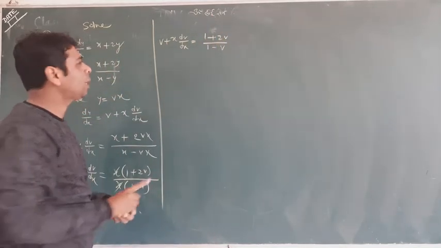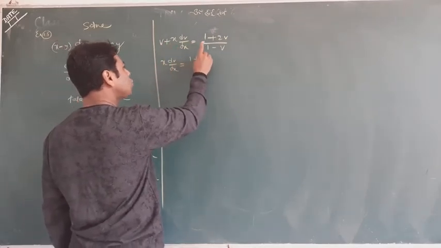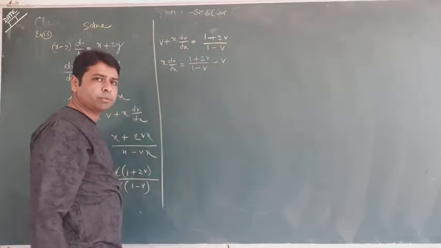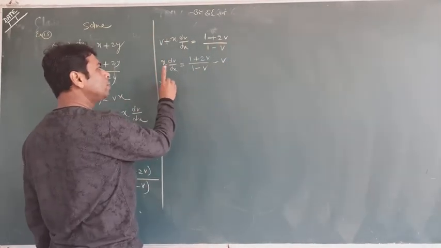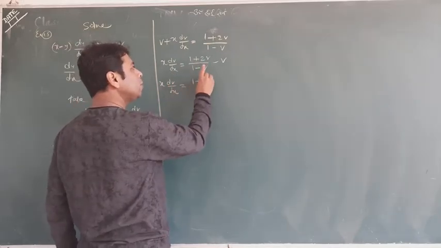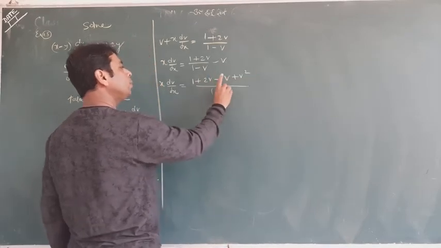This has come. Now what will we do? x dv by dx is equal to 1 plus 2v upon 1 minus v, I will transfer v to this side, and then I'll take the LCM. So this is going to be 1 plus 2v minus v plus v square upon 1 minus v.